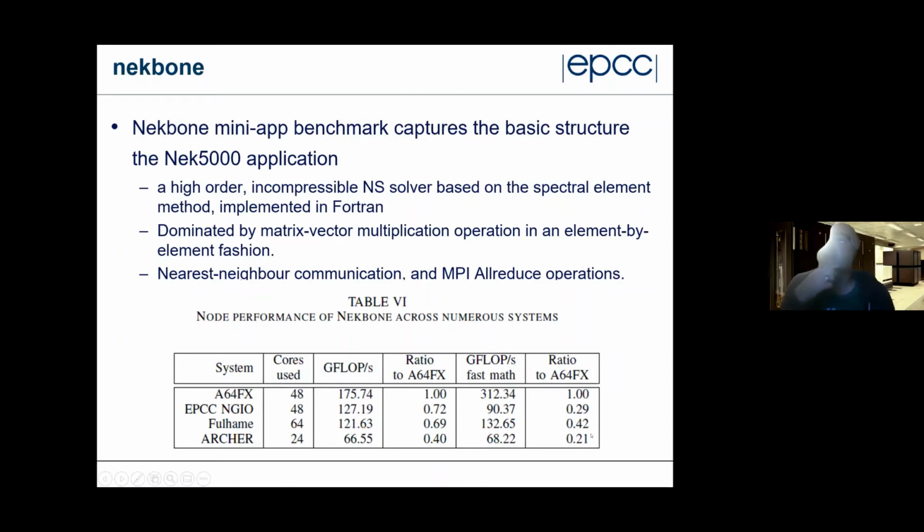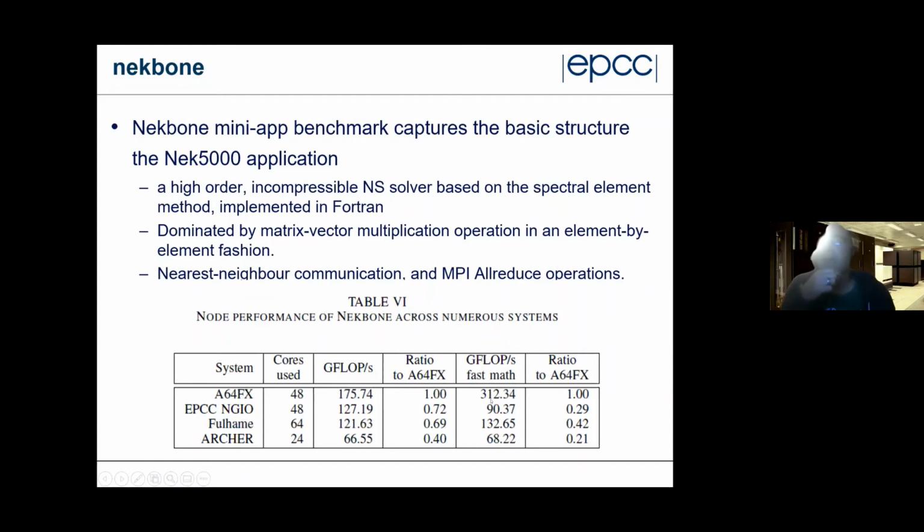But the interesting thing we saw here is that playing around with the compiler flags actually gave very significant performance improvements on the A64FX. If we compare the gigaflops column to the gigaflops column with fast maths, we can see that the A64FX is almost going twice as fast when we enable a couple of compiler flags to use the fast maths options in the compiler.